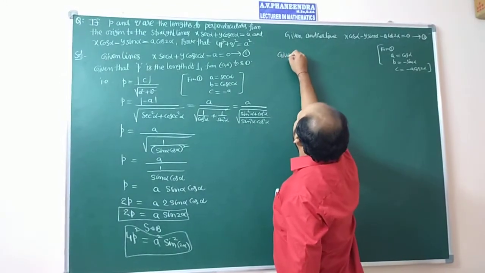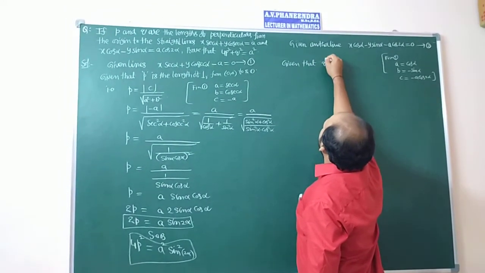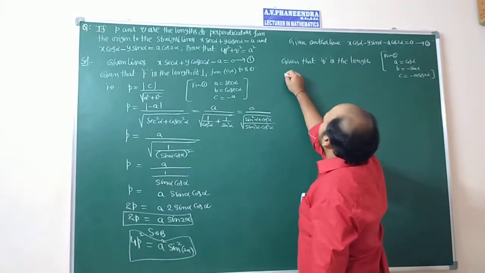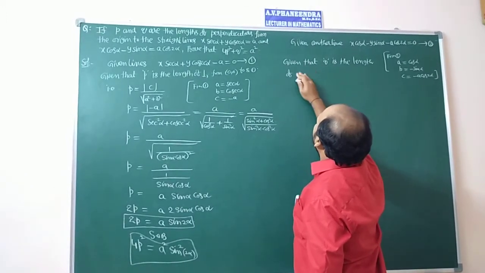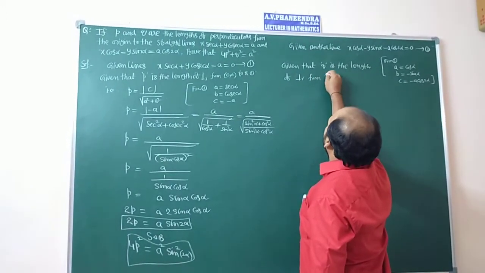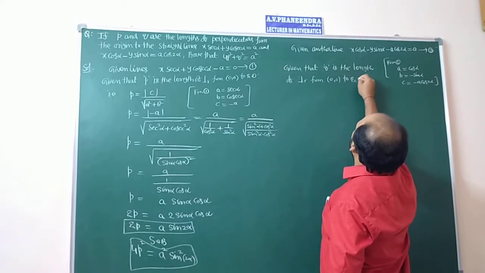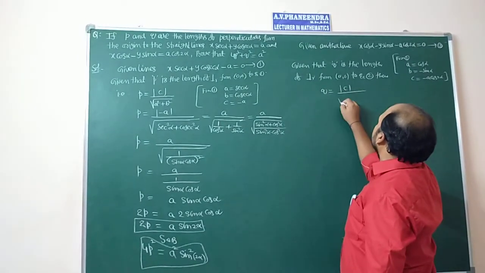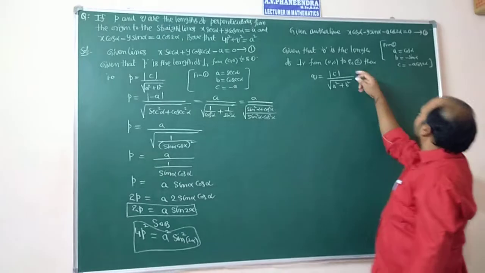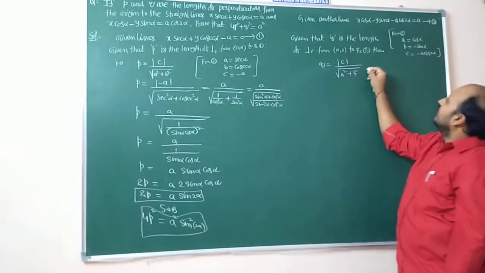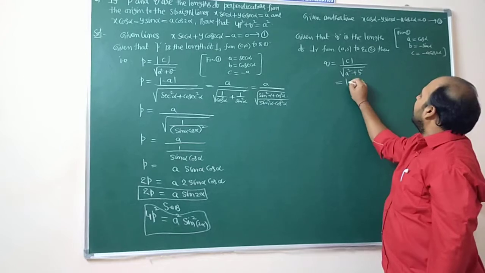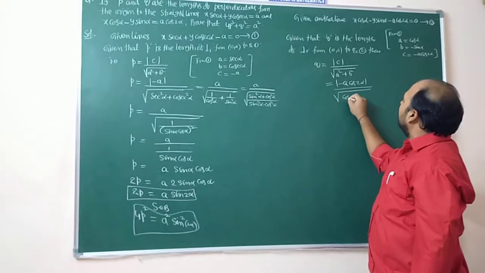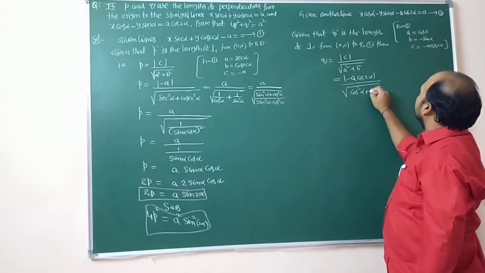Given that q is the length of perpendicular from origin to equation 2, then q equal to mod c by root of a square plus b square. We got the values of a, b, c from the second equation. Which is equal to mod minus a cos 2 alpha by square root of cos alpha whole square cos square alpha plus minus sin alpha whole square sin square alpha.